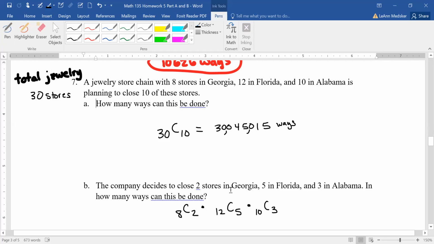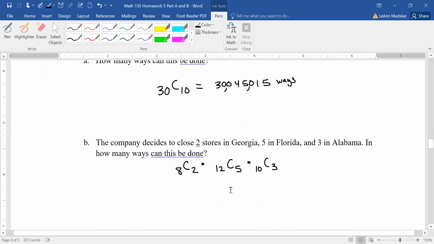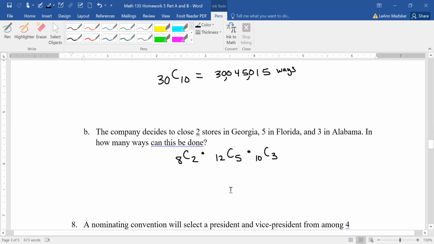Now, they have the more specific. Let's look at these individual closings in each state, which is usually how things are done. It's done regionally more than just globally like that.